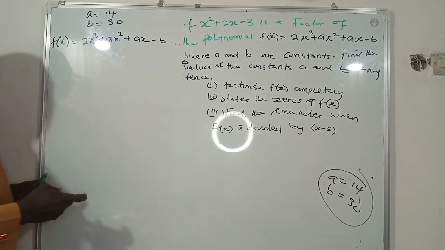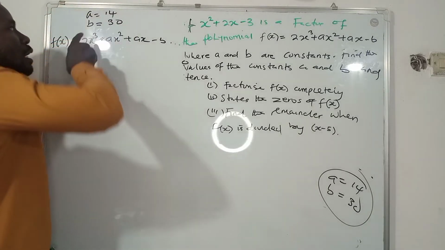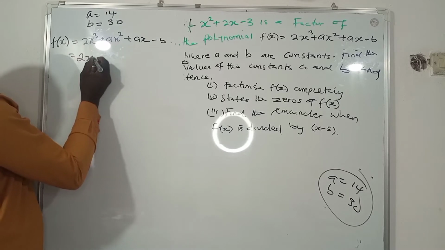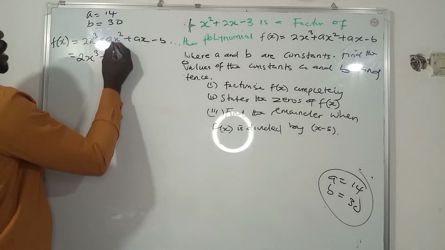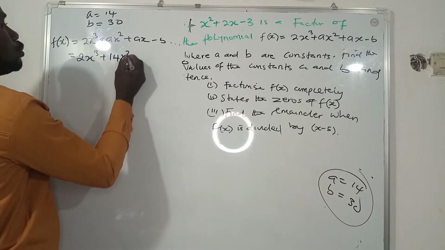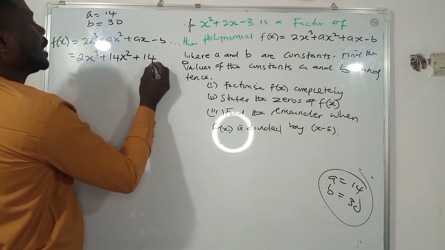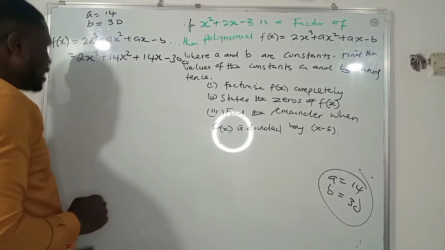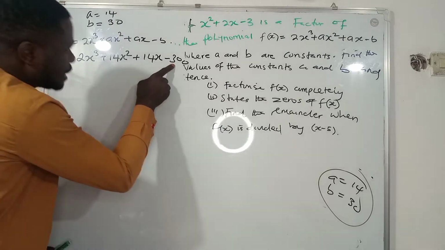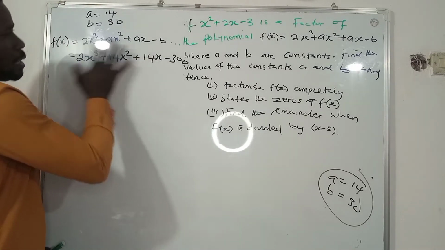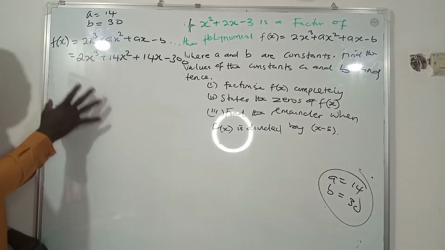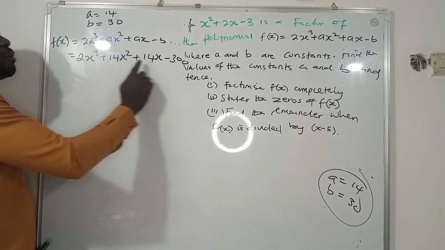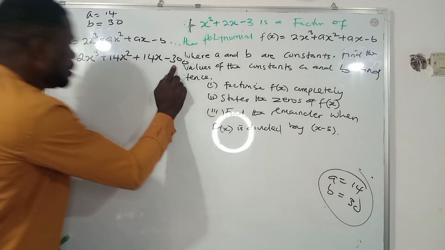So we substitute those values, and that will be equal to 2x raised to the power 3 plus 14x raised to the power 2 plus 14x minus 30, where a is 14 and b is 30, so minus 30. So we now have f of x as 2x raised to the power 3 plus 14x raised to the power 2 plus 14x minus 30.